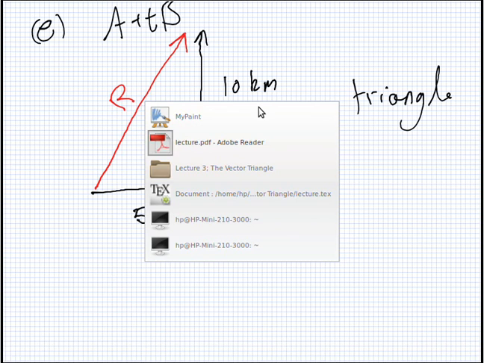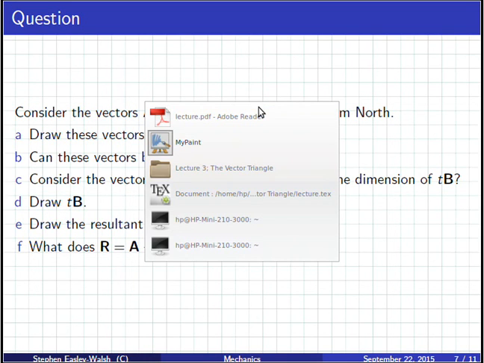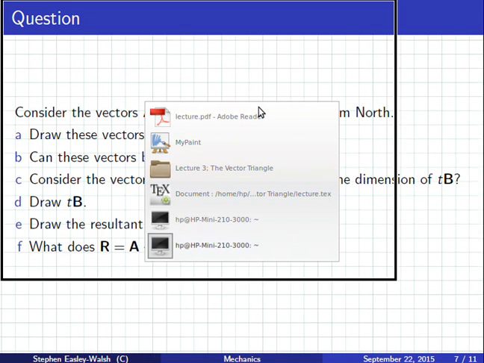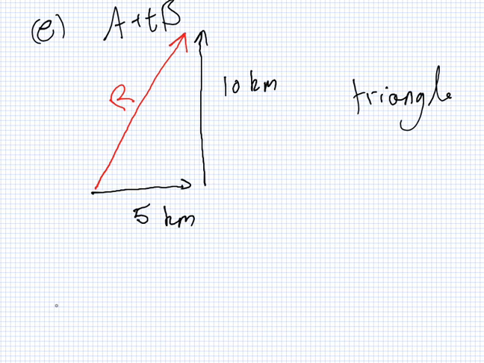Do I ask anything else? Ah, my last question. What does this represent, do you think? What would it mean? If you think about it, what was the unit of A? Kilometers. And what was the unit of B?